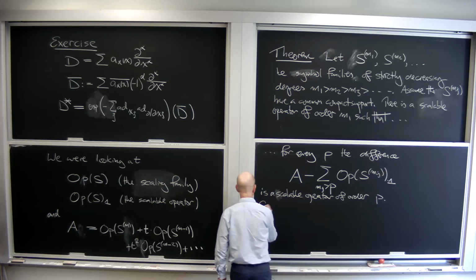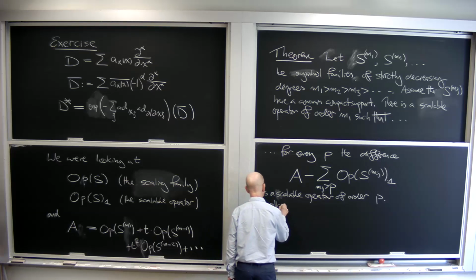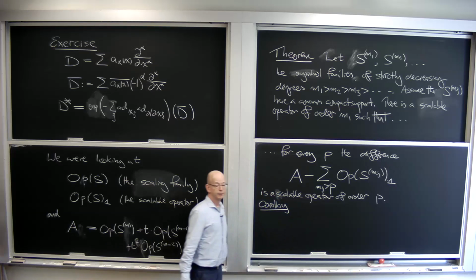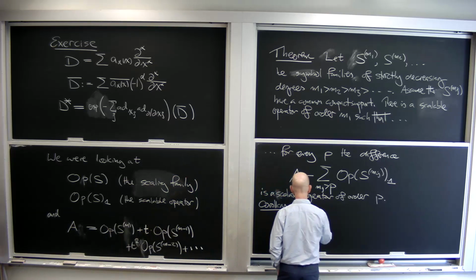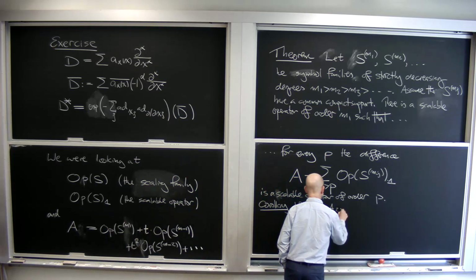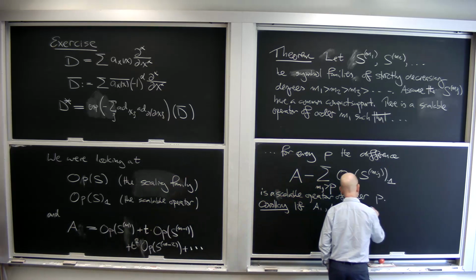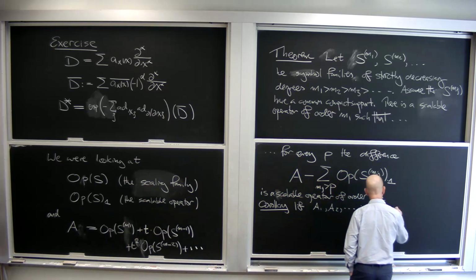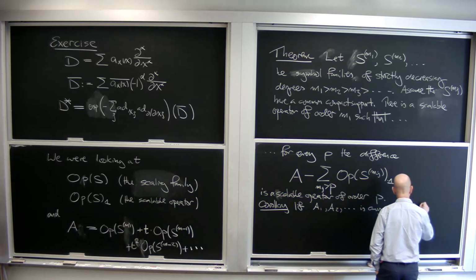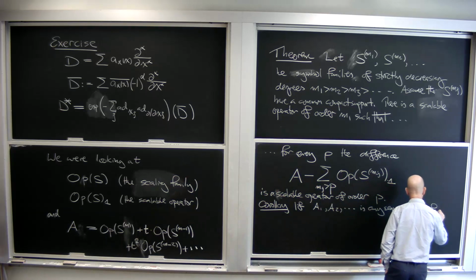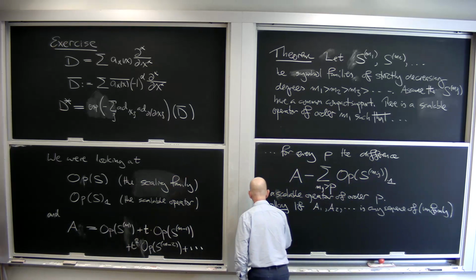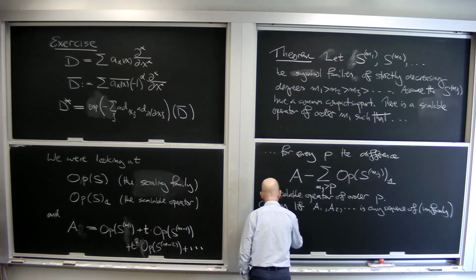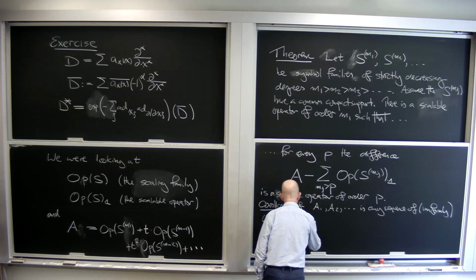Maybe before we do that, let's look at a corollary to this. If A1, A2, and so on is any sequence of uniformly, in the sense we were just discussing, compactly supported, I'll change where I put the parentheses, uniformly compactly supported.